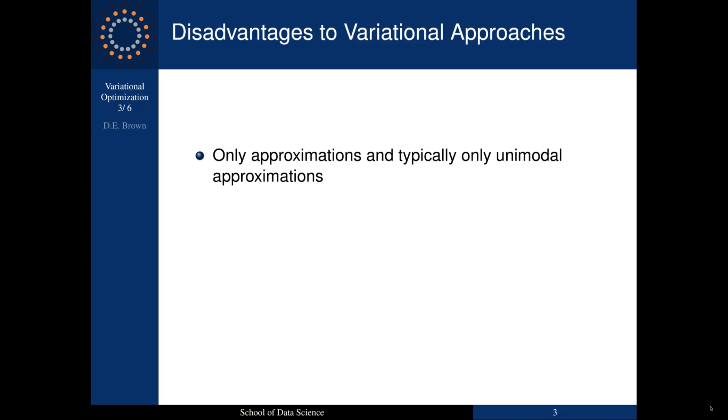There are disadvantages to these variational approaches. They only approximate, and they're not as good an approximation as, for instance, Markov chain Monte Carlo. Typically, they're only good for a series of unimodal approximations that are put together to create the overall result that we're looking for. So that means that we can get stuck in local optima. The theory is being developed.